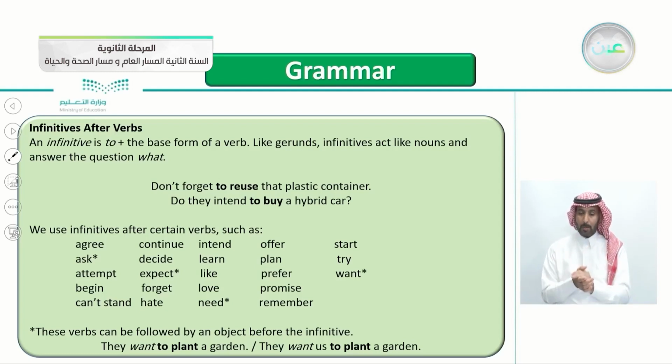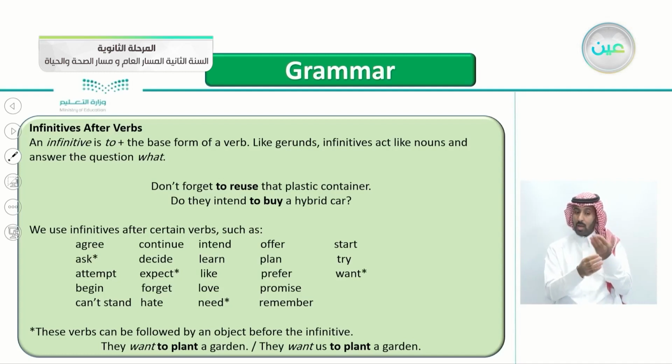Of course, you can notice that there are some verbs here that are in the gerund list also, so you can choose. For example, like, love, hate, intend, and so on. Some verbs are shared with the gerunds or the infinitives. And these marks, the stars, these verbs can be followed by an object before the infinitive.